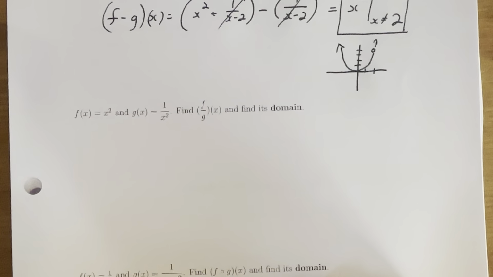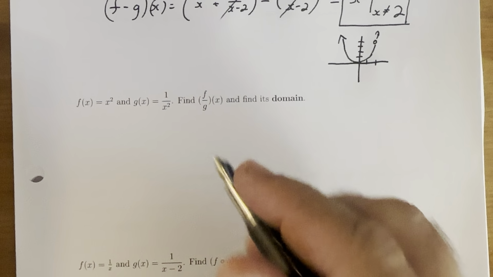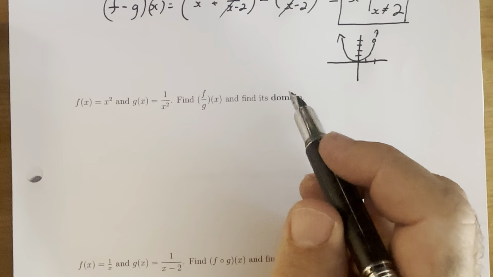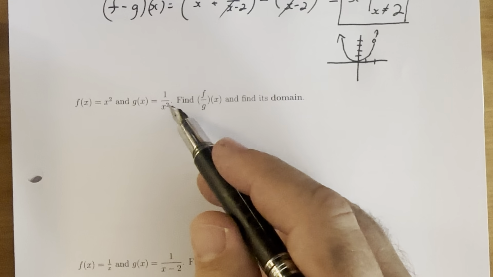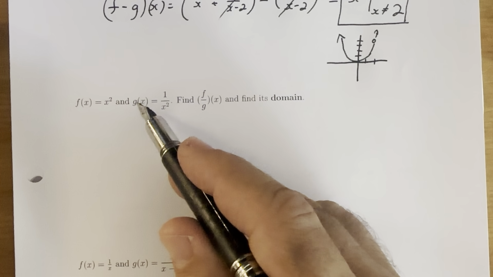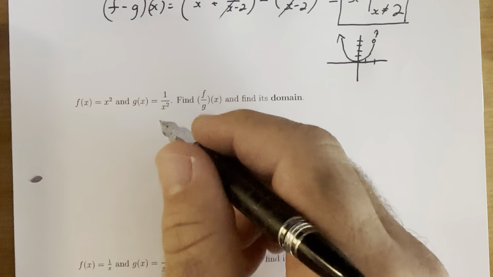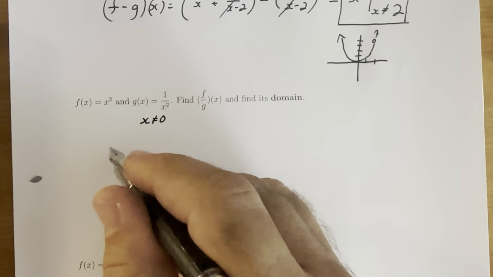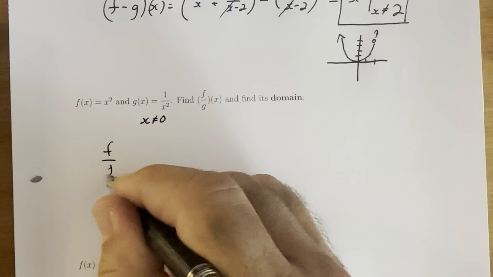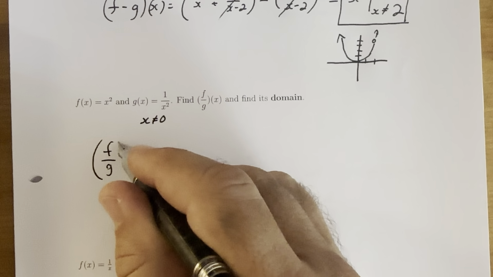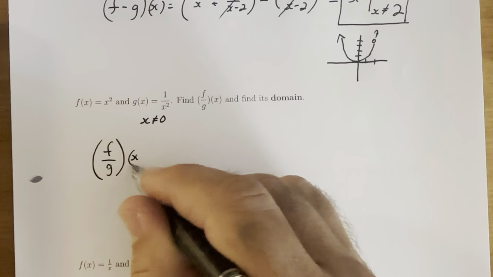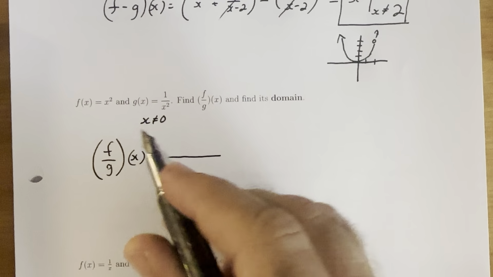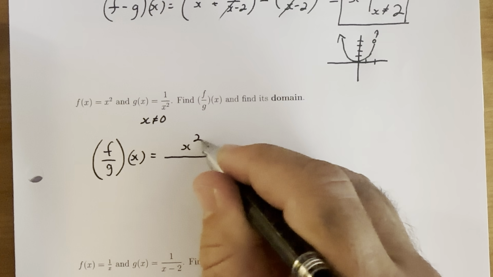All right, next one, we've got f divided by g. Note that g can't equal 0, but that doesn't matter because 1 over x squared will never be 0. But inside of g, we've got 1 over x squared, and g has a domain that it cannot be 0. So that's something we're going to have to keep in mind, possibly. It will have an effect. And so f, that's on top, x squared.